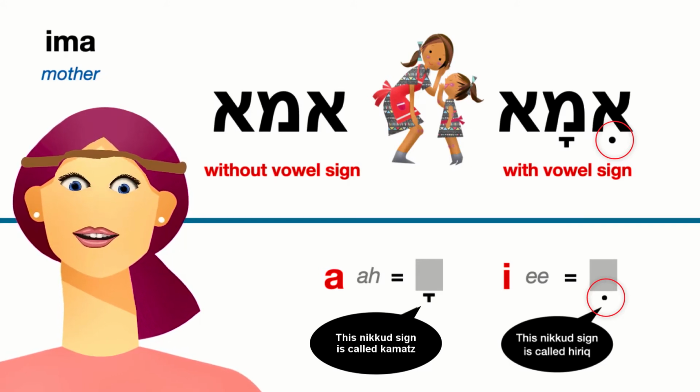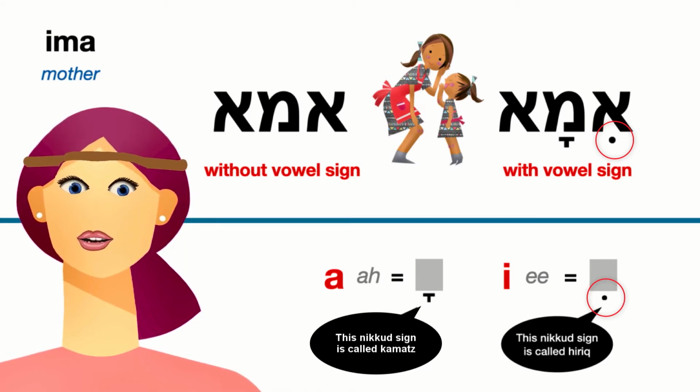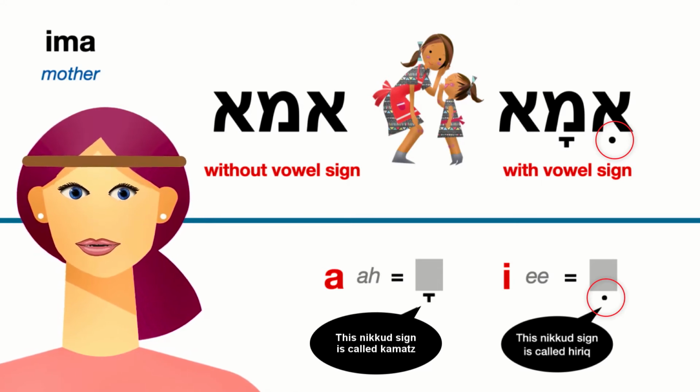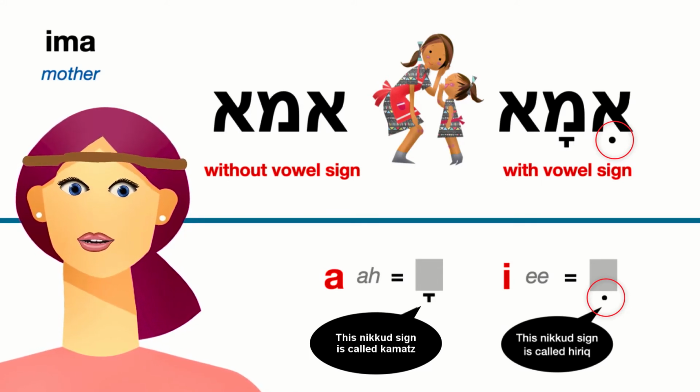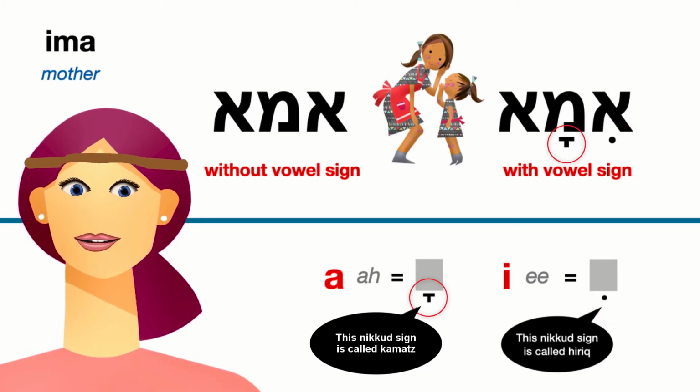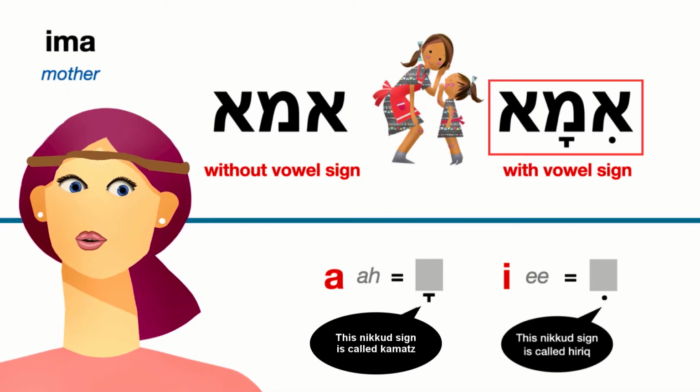This nikud sign is called chirik. It tells us to pronounce the vowel sound e, as in the e of igloo. So, because aleph is a silent letter, we pronounce the vowel sound indicated by the nikud sign under it. And note that there is a nikud sign for the vowel a under the letter mem, so we pronounce the m sound with an a. That's why we say ima.